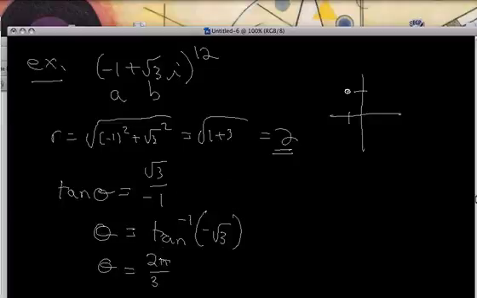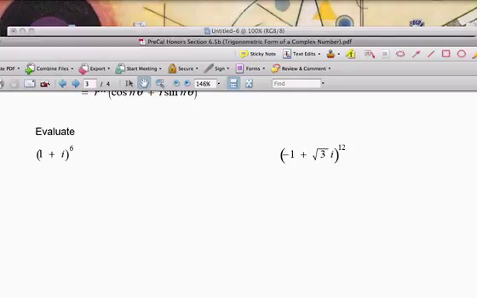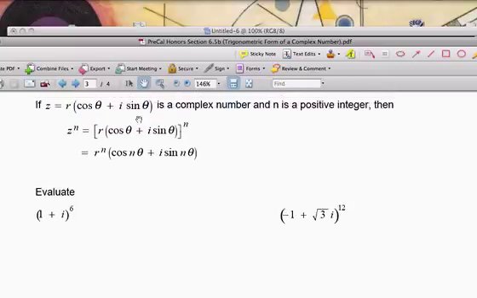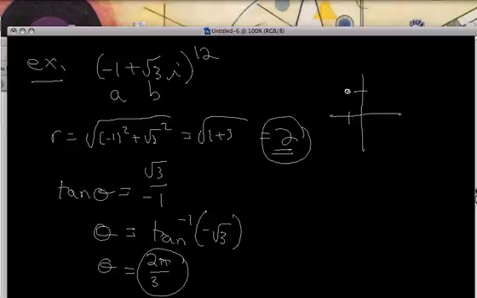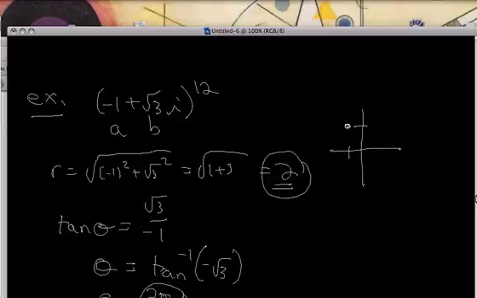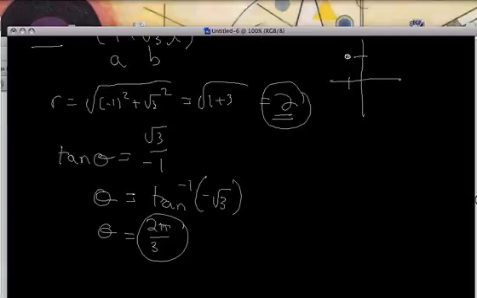Okay, so we've got our modulus, we've got our argument. We're going to use, again, de Moivre's theorem, with n being 12.